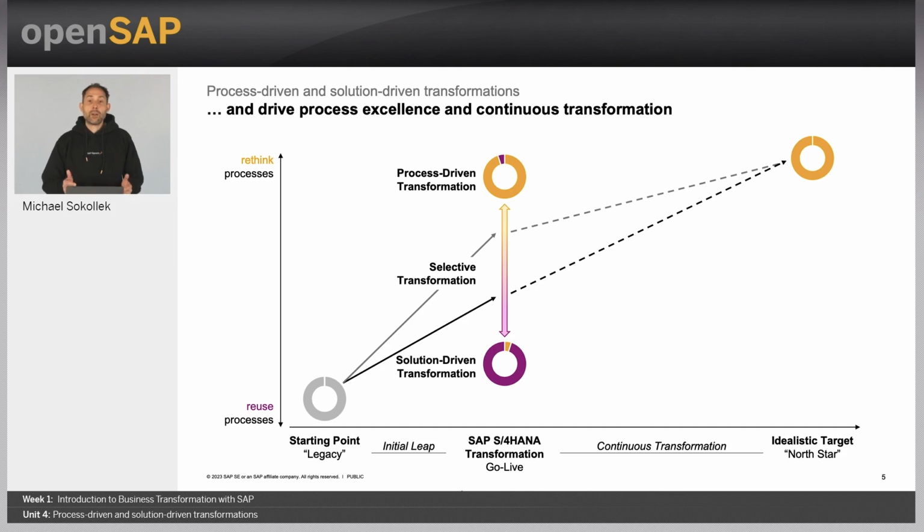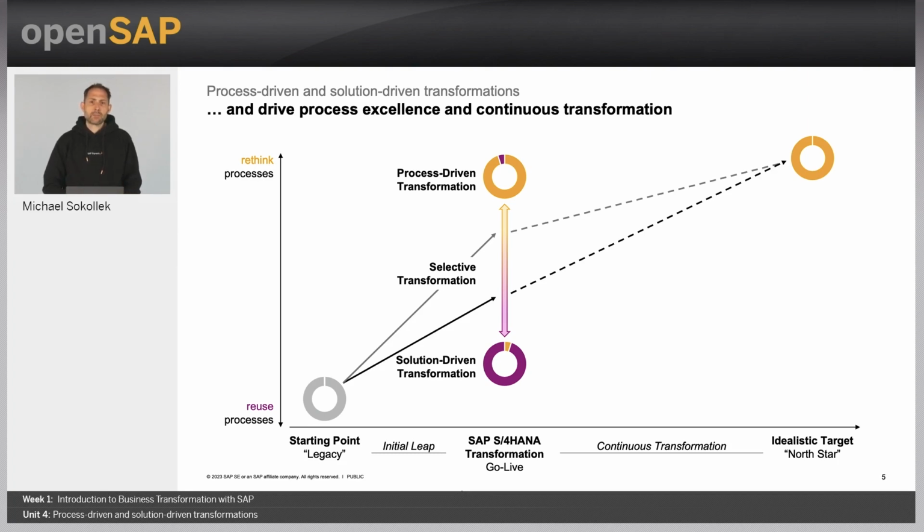And this is not only applicable to processes that customers have reused, but also processes that customers have redesigned during the move to SAP S/4HANA. Because process transformation is, after all, not a destination, but an ongoing journey. The North Star is to rethink all processes in line with a continuously evolving business strategy.